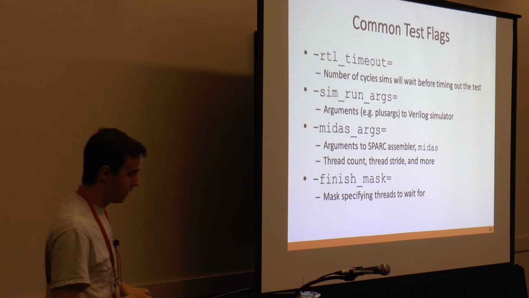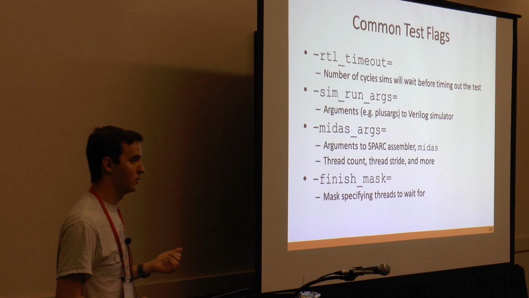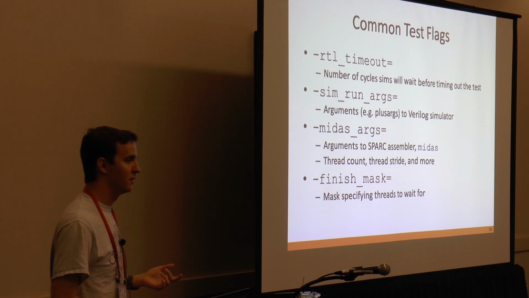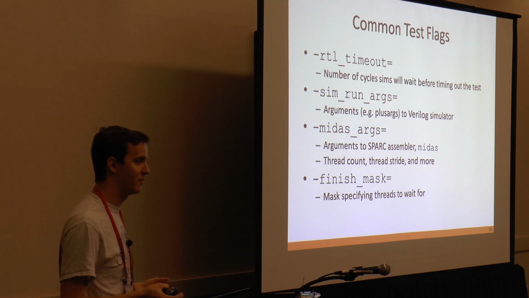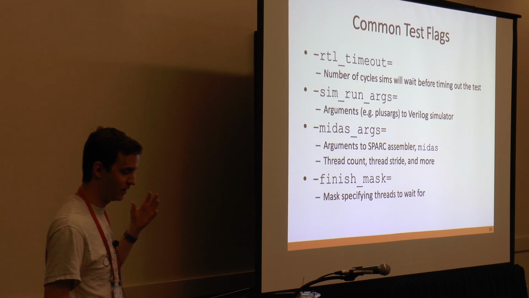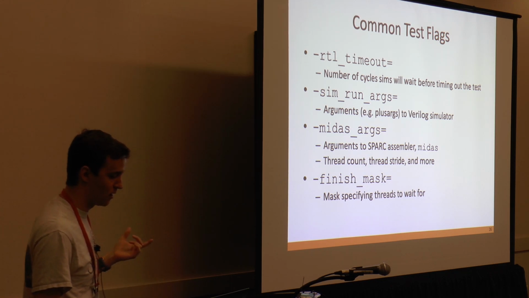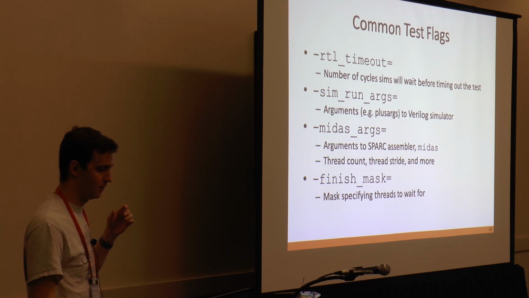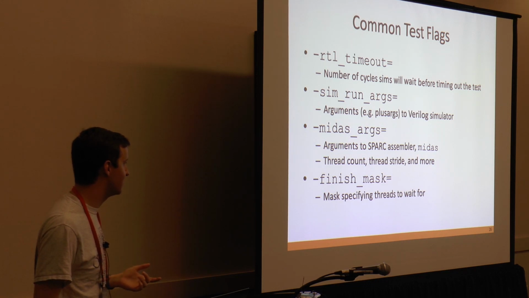So some common test flags that you may want to use: RTL timeout. We just use this in the hello world.c. This indicates a certain number of cycles you want to simulate before timing out of the simulation. If you want to specify any particular arguments for the Verilog simulator of choice, you can use the simrun args flag. We can indicate to Midas any particular flags.